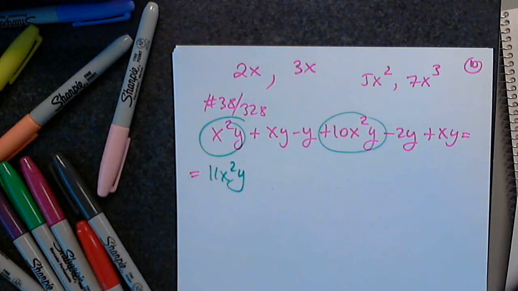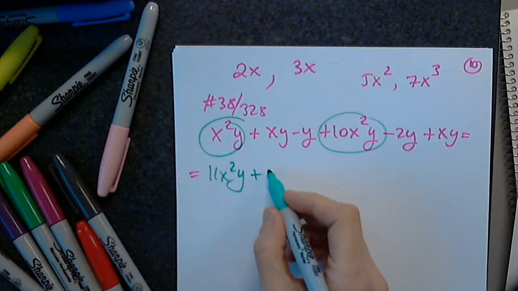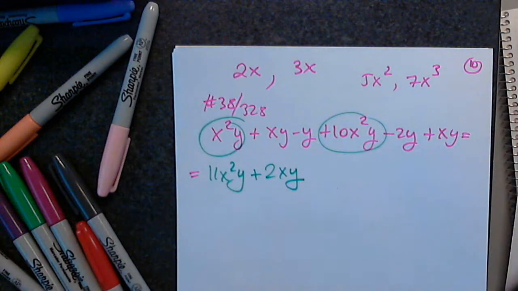Then I continue with the next term, and I see xy. xy? No. No. No. Yes. What is the coefficient of xy? 1. What is the coefficient of the other xy? 1. They're both positive, so I'll write plus 2xy.